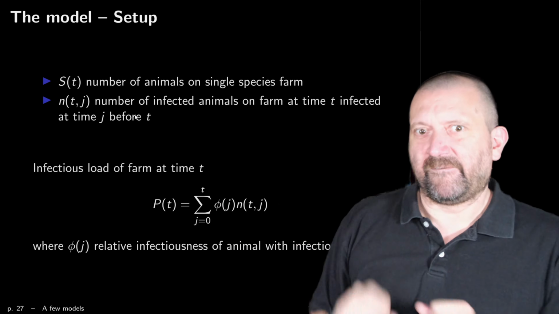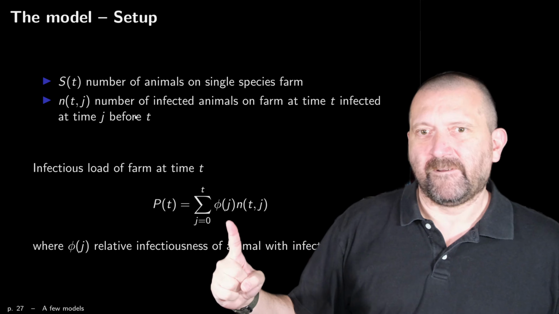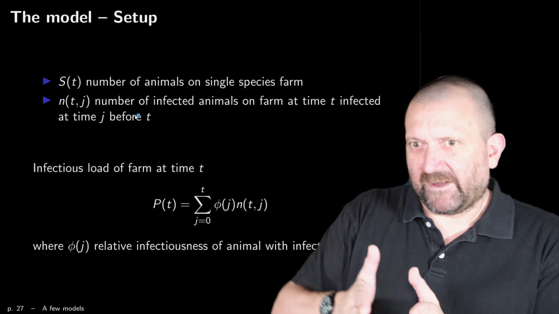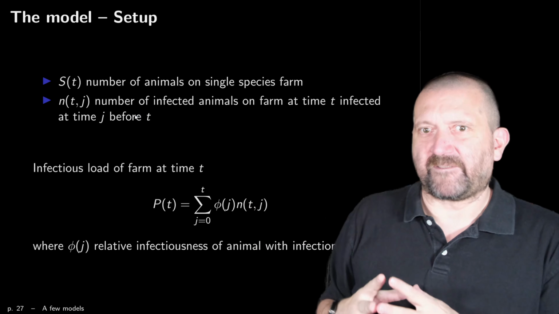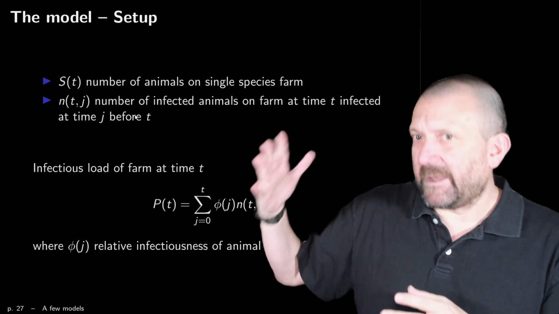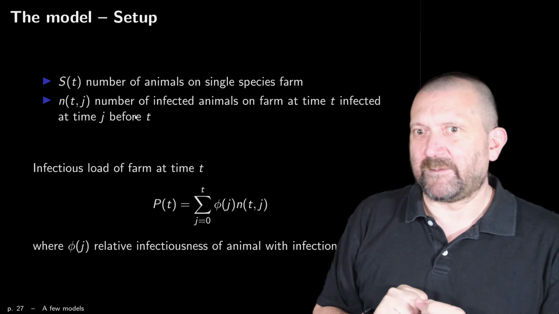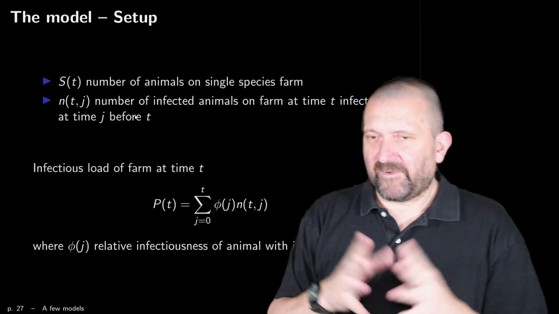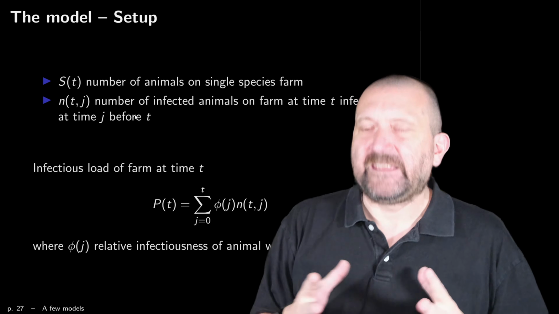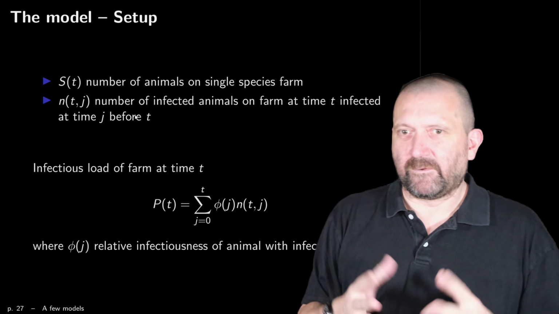Then as j increases, from 0 to t, that infectiousness increases as your viremia increases, and then it decreases when your viremia diminishes. Okay, so that's a very detailed and convenient way to look at things.